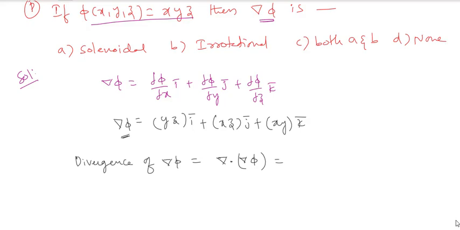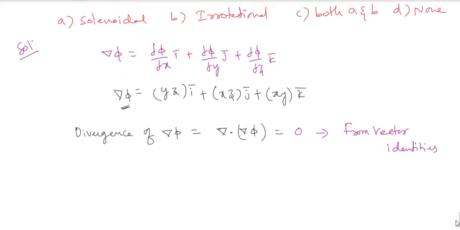If you check the results, that you know directly this value will be 0. No need to calculate; from vector identities you can tell this directly. Am I right or not?